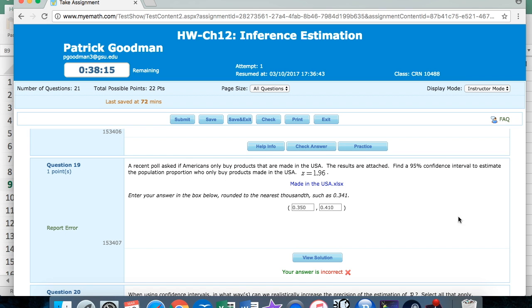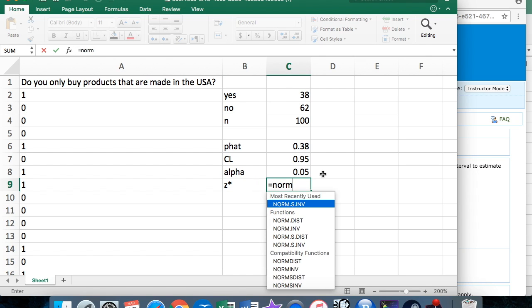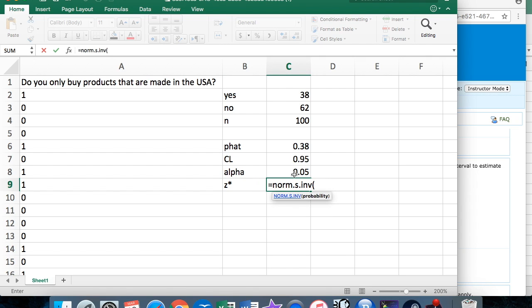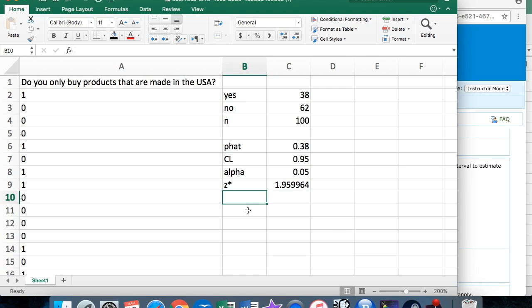Then find our z star. So z star is NORM.S.INV of 1 minus your alpha divided by 2. So we use the z-score 1.96, right? And that's exactly what we got here. Now our margin of error.